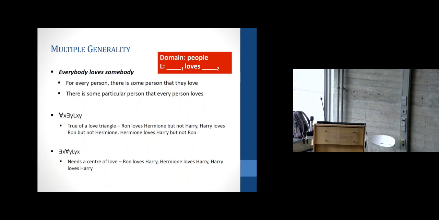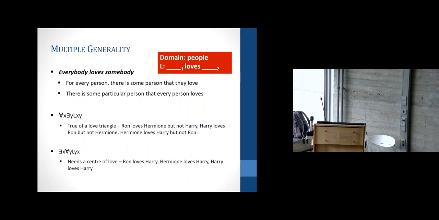How would it look? You can have something like this. And now imagine the arrow again represents the relation of loving. So B loves A, C loves A, and also A loves A. That will be: there is one particular person, A, such that everybody loves A. Everybody loves brains.